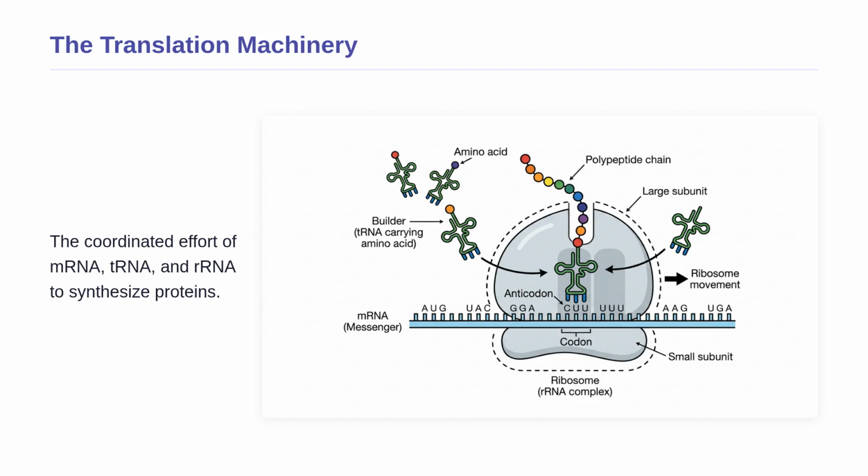Notice the clover-leaf-shaped transfer RNA molecules arriving. They are reading the mRNA codons and delivering the correct amino acids. As the ribosome moves along the mRNA, it links these amino acids into a growing polypeptide chain. This is the dynamic workforce of the cell in action.